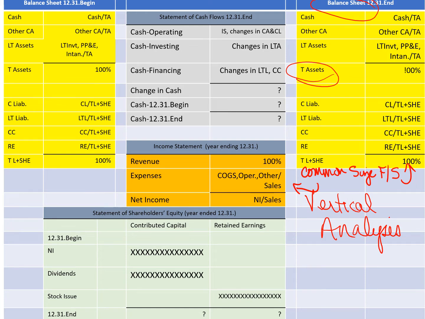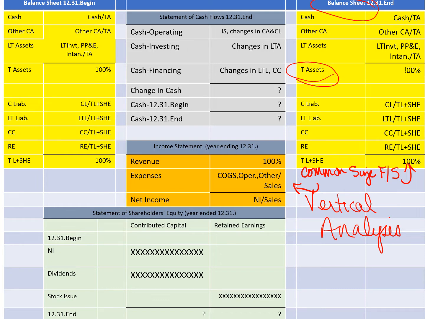Cash divided by total assets, other current assets divided by total assets, long-term assets divided by total assets will give you the proportion that each one of those assets makes of the total. The same with the liabilities and the shareholders' equity. It's all expressed as a percentage of the total assets or total liabilities plus shareholders' equity.